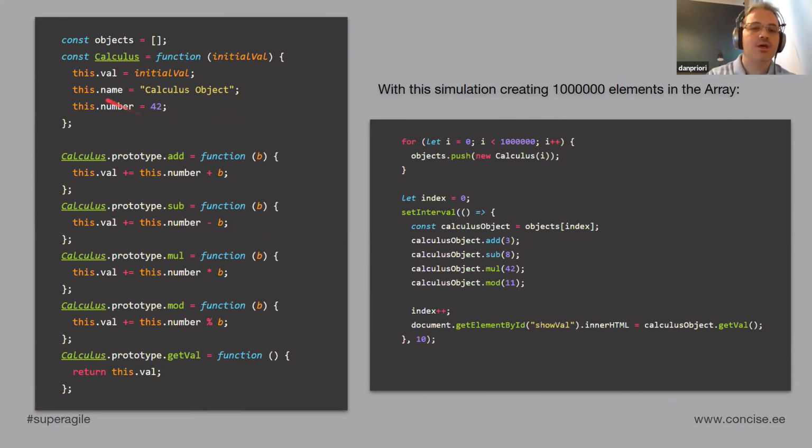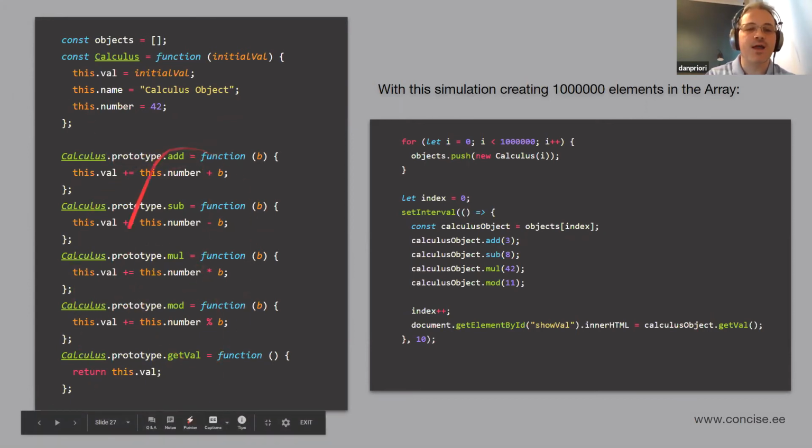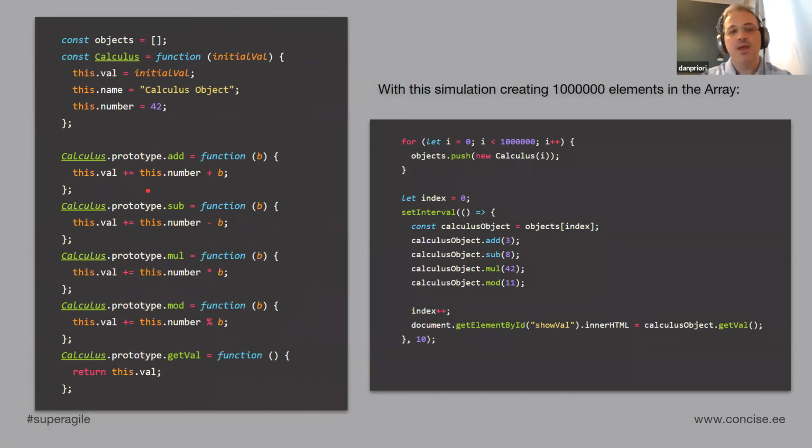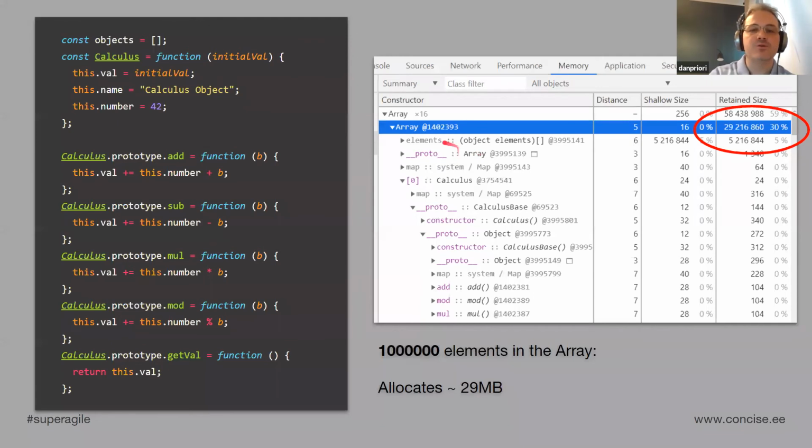We just define those methods inside the prototype, and each new instance will more or less connect to the prototype. You will not recreate those methods all the time for each instance. So here, with the same number of elements, we allocate only 29 megabytes. It's a huge difference, right?